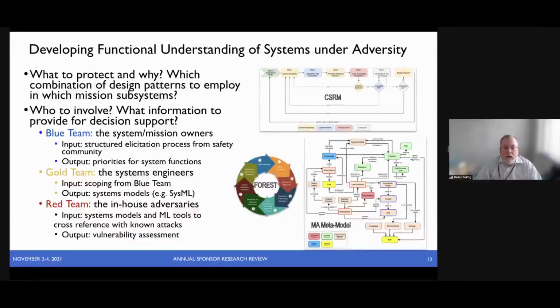But in a nutshell, I can describe it this way: the blue team, the system and mission owners, they're going to be given a structured elicitation process from the safety community, which we'll go through in just a moment, called STPA. And what they're going to be asked to do is to give us an understanding of what are the losses that they care the most about.